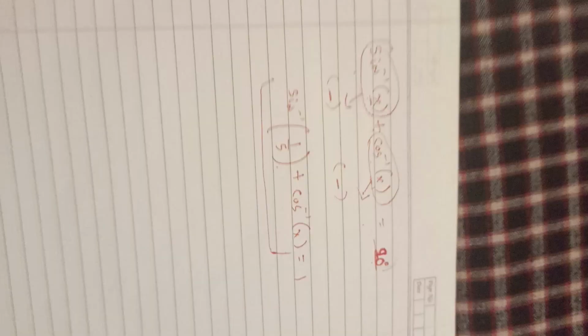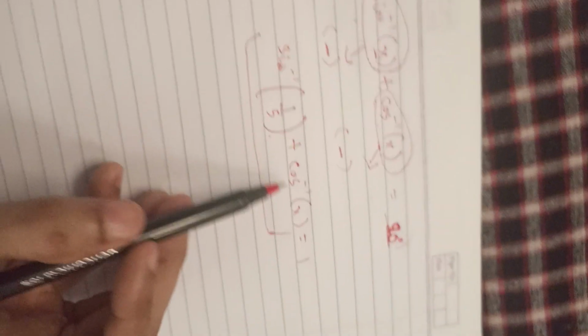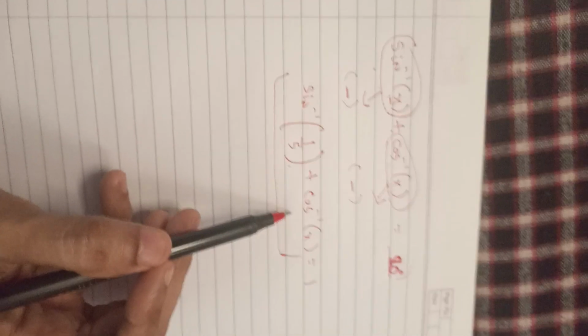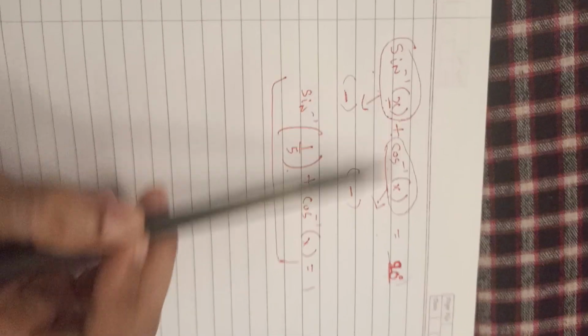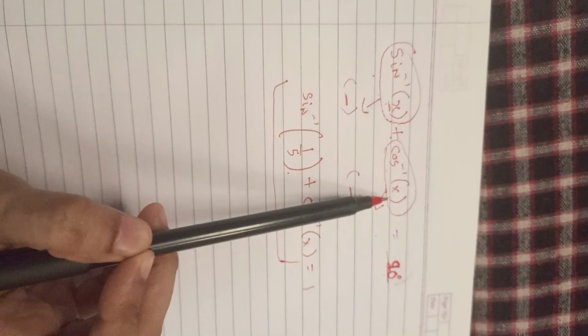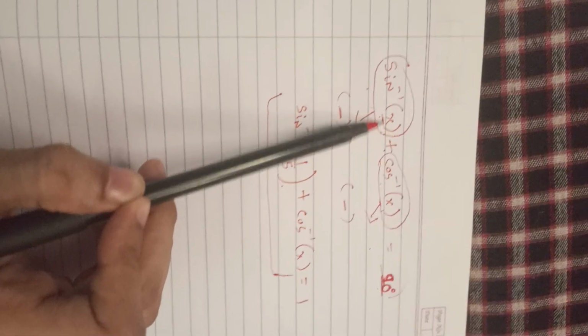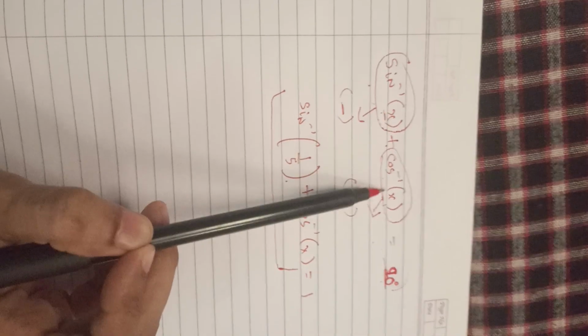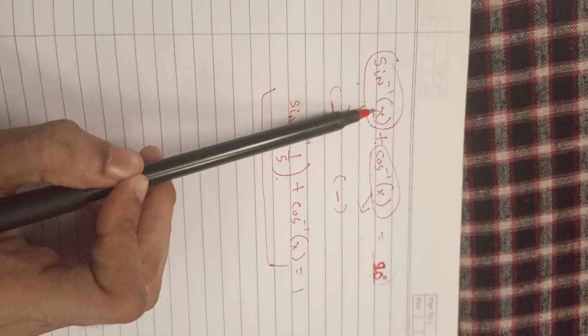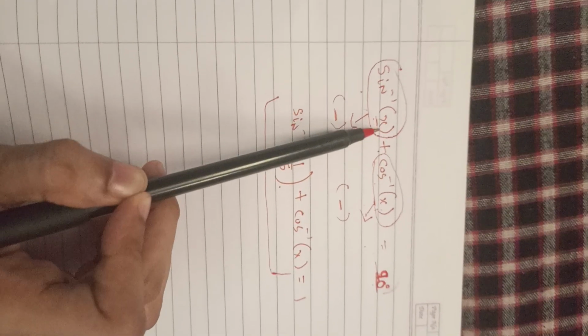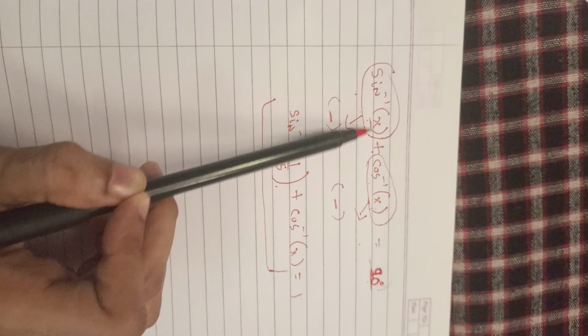According to this identity, sine inverse of some value plus cos inverse of the same value gives 90 degree. So sorry, that is not an angle, that is a particular value.